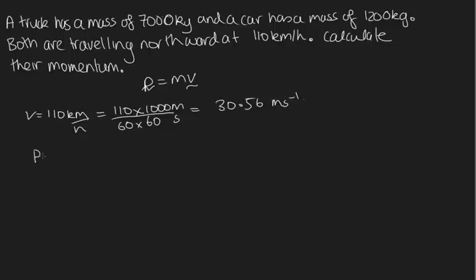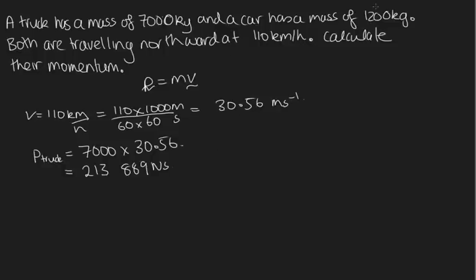So in order to calculate the momentum of the truck, we have that the momentum of the truck is equal to the mass of the truck, which is 7,000, times 30.56. Solving that on the calculator, we get 213,889 Newton seconds. Now we should probably give this to two significant figures.